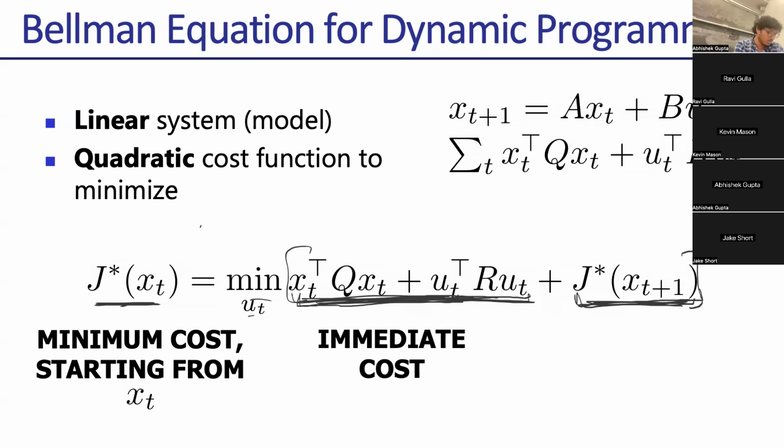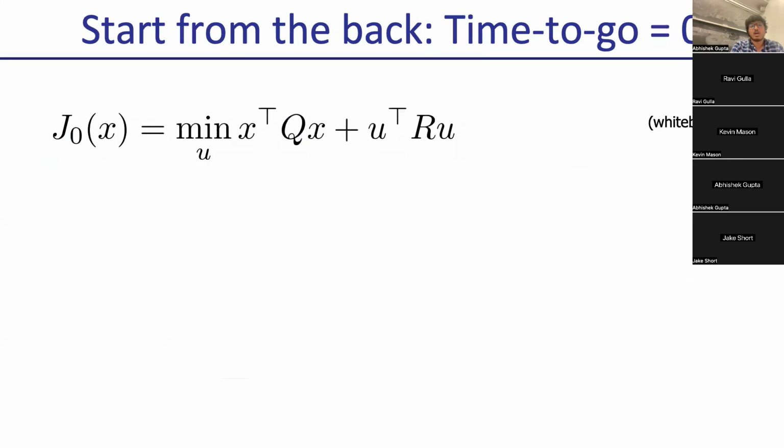Okay, so this is just the intuition behind the Bellman equation. Let's try and work through starting from the back and going backwards. So let's define this entity J sub I, which is saying what is the cost from state X if I have I time steps to go, and I'm acting optimally in the future.